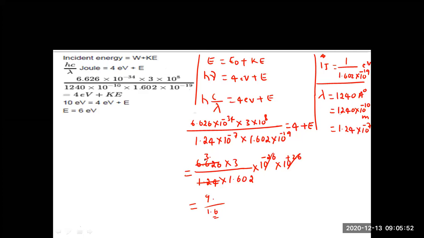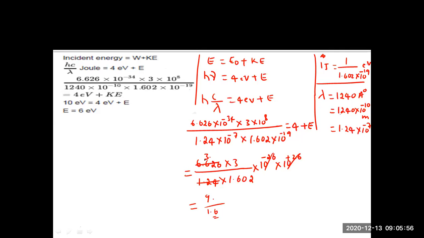Correct, no? 6.625 is approximately 6, or less than 6. Let's say 5 point something. So 5 point something into 3 is 15 point something, divided by 1.6, is approximately 10 times.